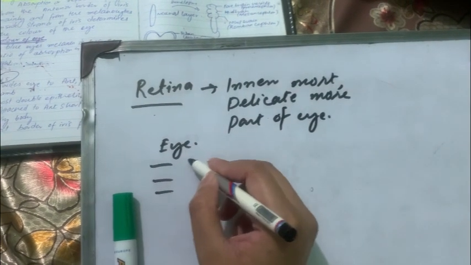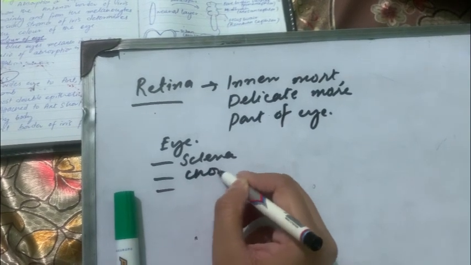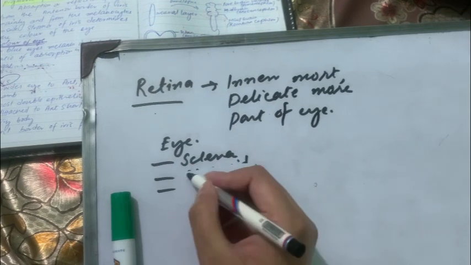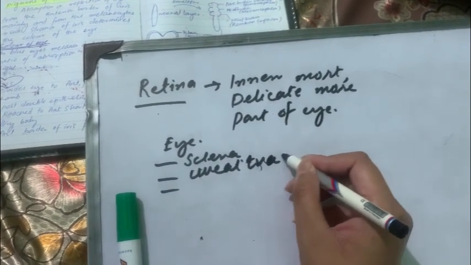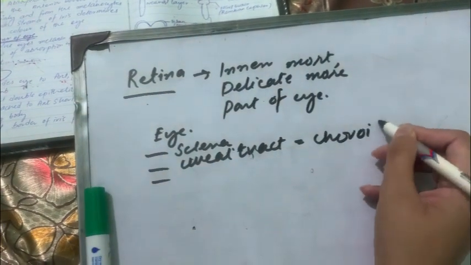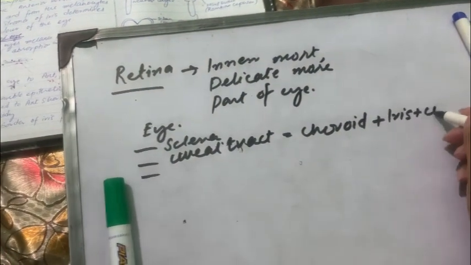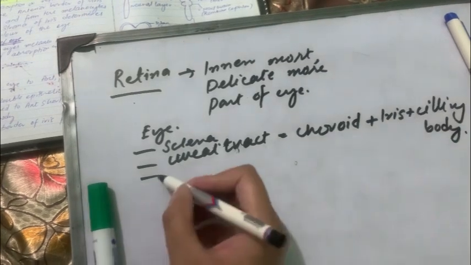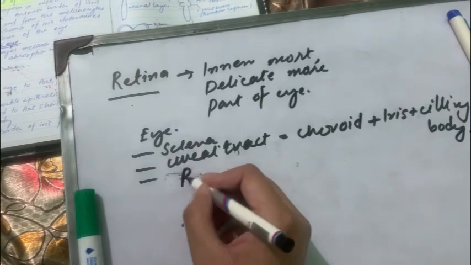The outermost is sclera, the inner is choroid, that we can write as uveal tract, choroid plus iris plus ciliary body, and the innermost layer is retina.